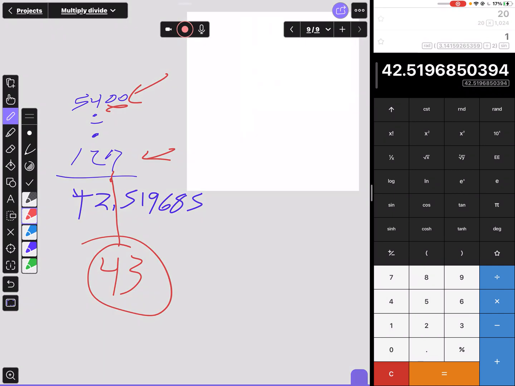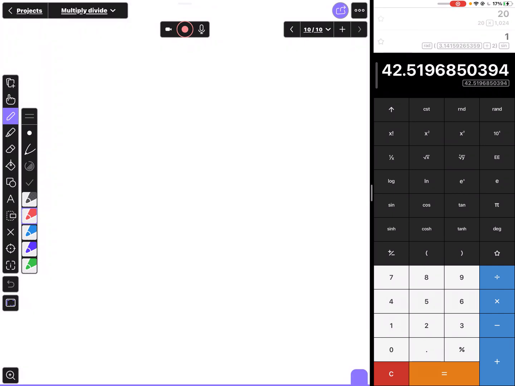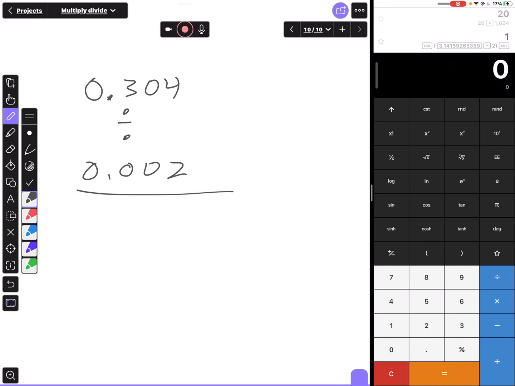All right, so one or two more real quick. If we have 0.304 divided by 0.002, we punch that in our calculator. First, before we even do this, let's see how many significant figures our answer needs to have.